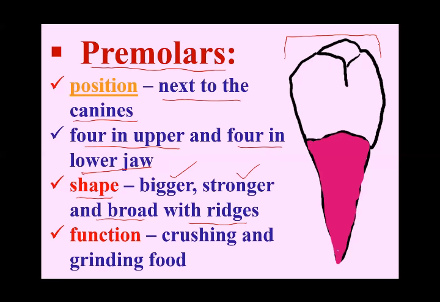They are quite broad with ridges here, and the structure is such that they help in crushing and grinding of food, so that proper crushing and grinding of food is carried out with the help of these premolars, so that the food can be swallowed easily and thereby digested properly.